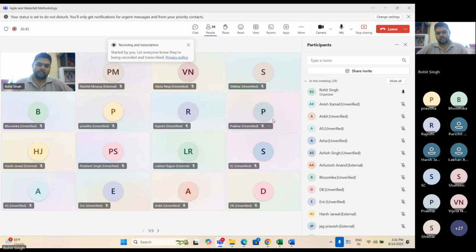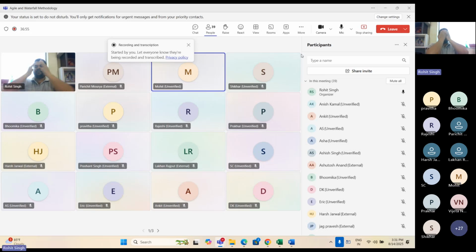This agile and waterfall, is it an approach or a predefined framework, as in software? Look, you are a project manager and I am your business analyst. You told me, Rohit, this is a new project, an e-commerce project, we have to build both web and mobile. This is the BRD.